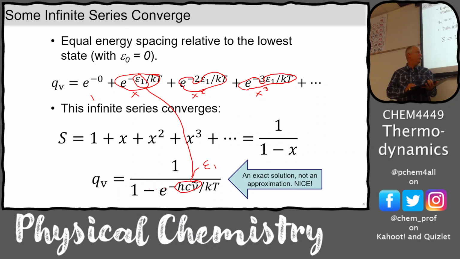Now for the vibrational energy, this hc nu over k is the vibrational temperature, and we could just divide that by T. So if we calculate vibrational temperatures, compare them to T, put them in the exponent, with 1 minus that in the denominator and 1 in the numerator, then that is the exact solution for the vibrational partition function.